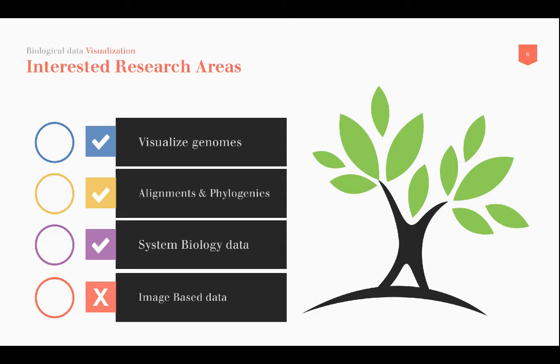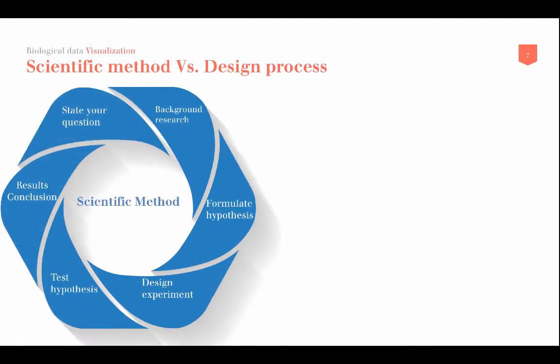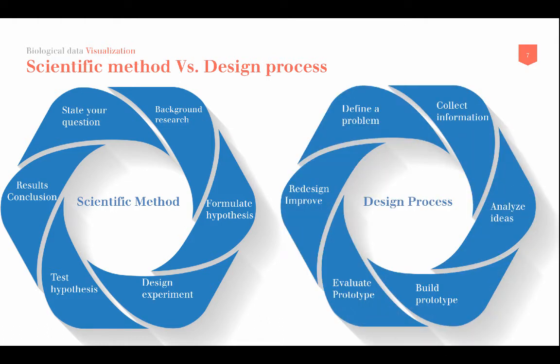As a scientist, you may know how to do research using the scientific method. First, you state your questions, then do some background research, formulate hypotheses, design the experiment, then test hypotheses in order to get some results, which is quite similar to the process we have in design, which is called the design process.